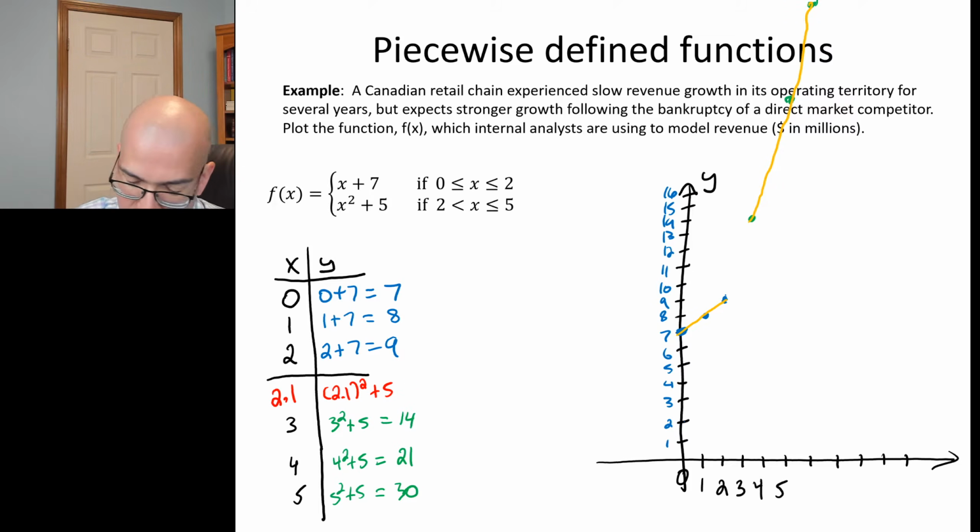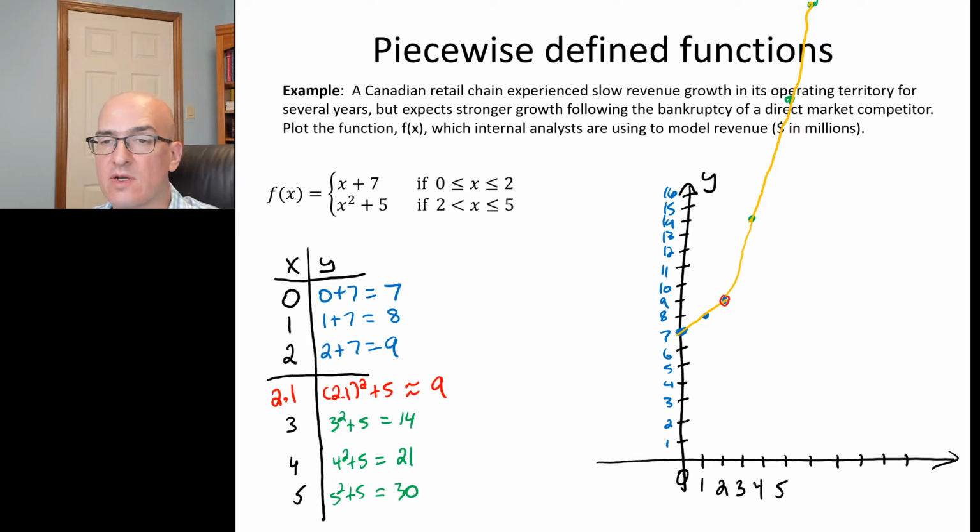So I'll say it is approximately equal to 9. So if I plug in something a little bit larger than 2, I'm going to get something very close to 9. So 2, 9, it's the same point. So I'm going to continue the curve from that point. So it starts as linear and moves to quadratic.